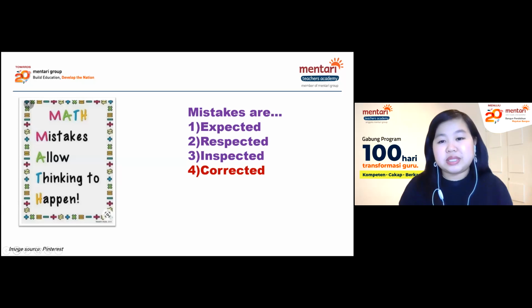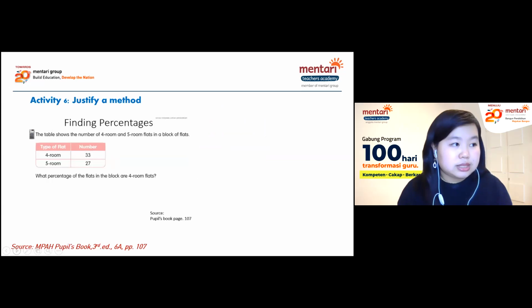Sometimes those mistakes can actually be a really good point of discussion. It can allow some really good thinking to happen, can allow your students to think more deeply. So I would encourage you to make use of those moments or those appropriate examples of mistakes cautiously in order to promote deeper thinking or deeper learning.